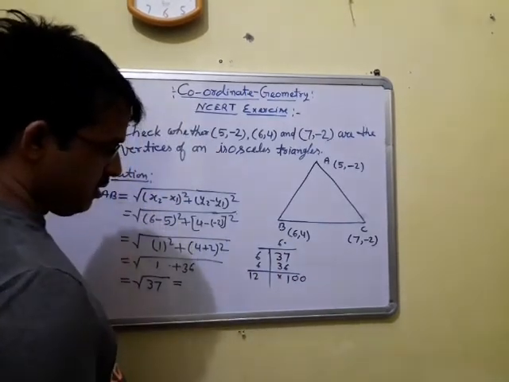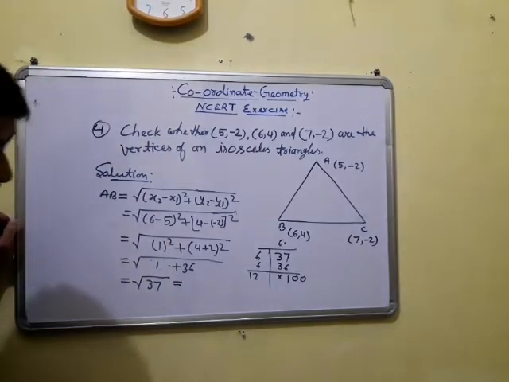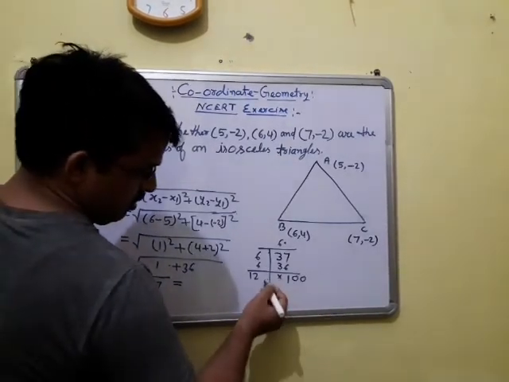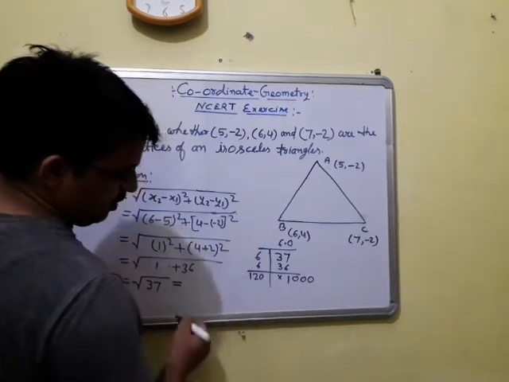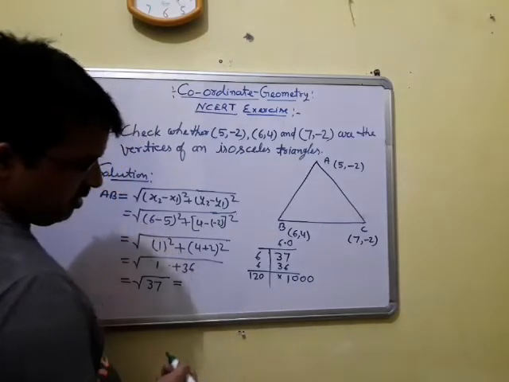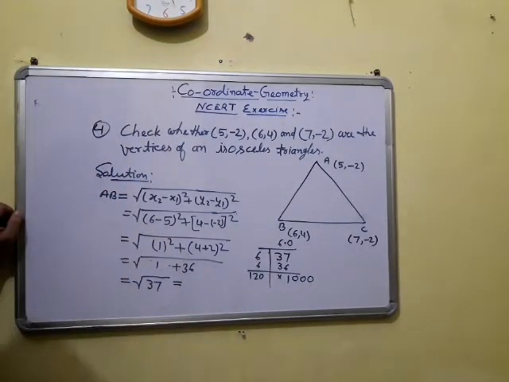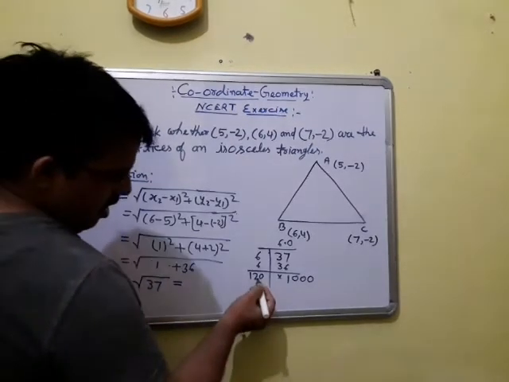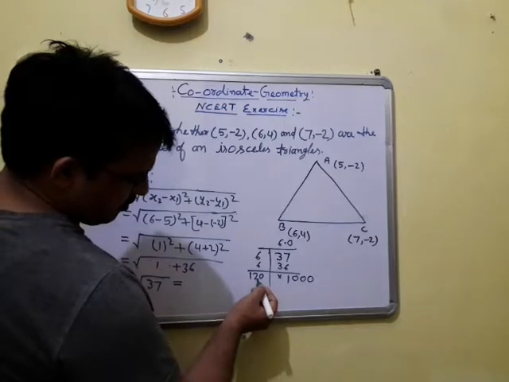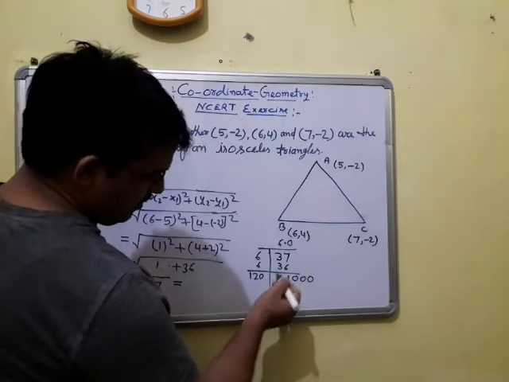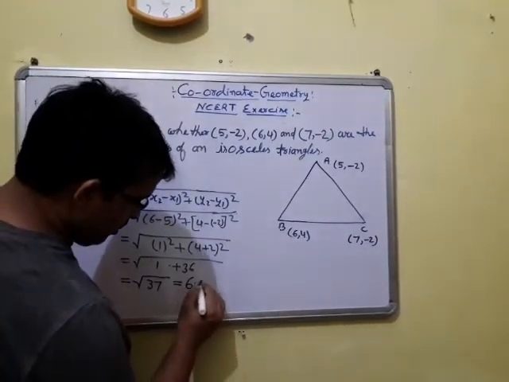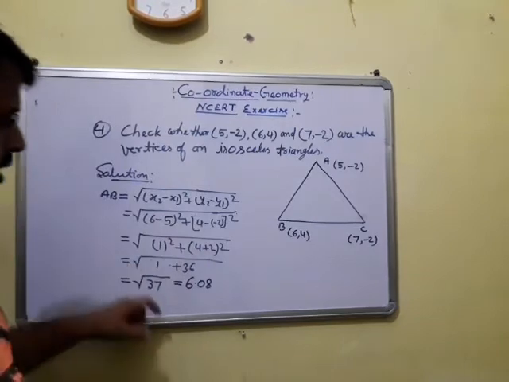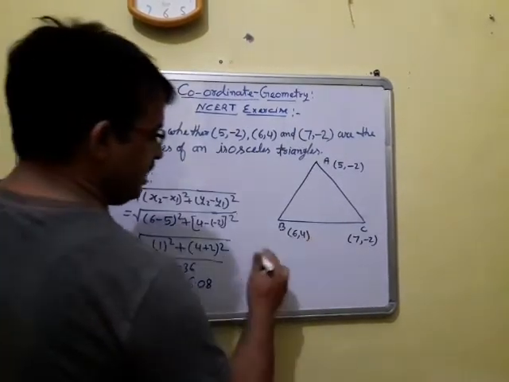How many times can we get it? This one is not good, so put 0 here and also 0 here. Then we get 8. So we get 6.08. Clear?